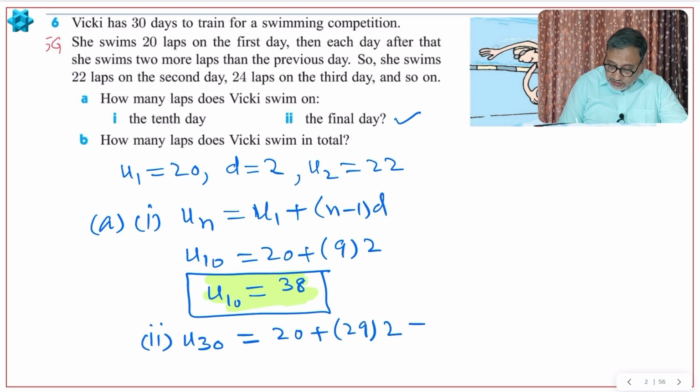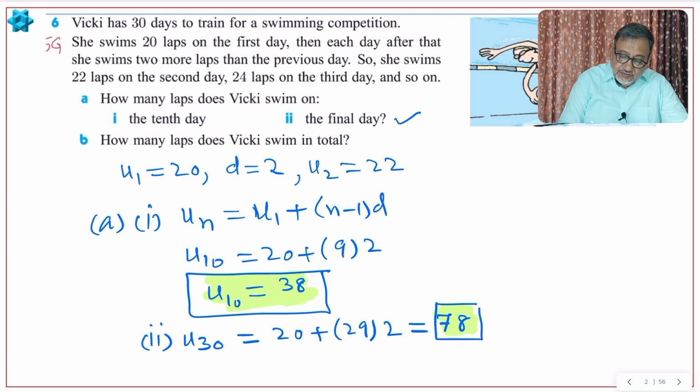So the final answer will be 20 plus 2 times 29, that will give you 78 laps. Okay, on the final day she will swim 78 laps.